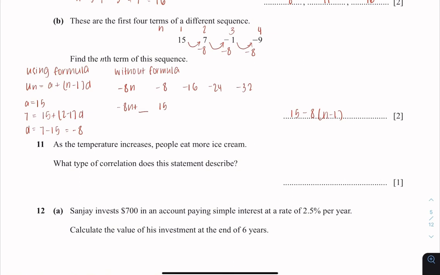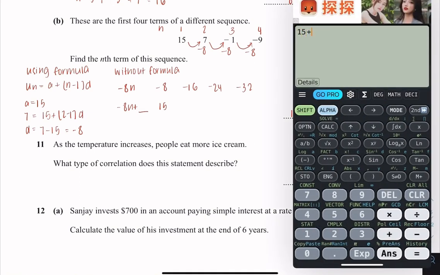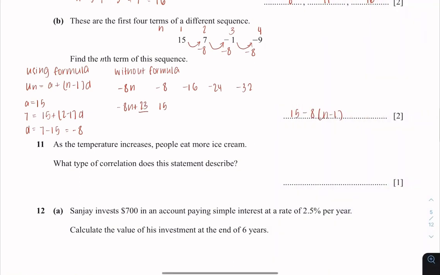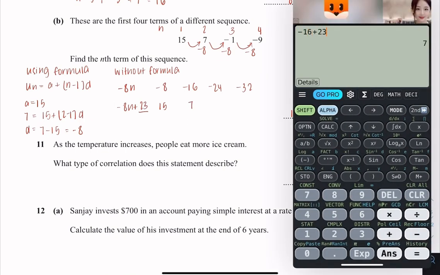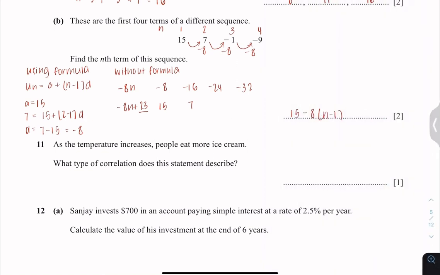So -8n plus what would give us 15? 23. Then you can just double check your answer if it makes sense. This method might be confusing, so if it's confusing for you, you can just stick with the formula. Alright, so your final answer is -8n + 23.